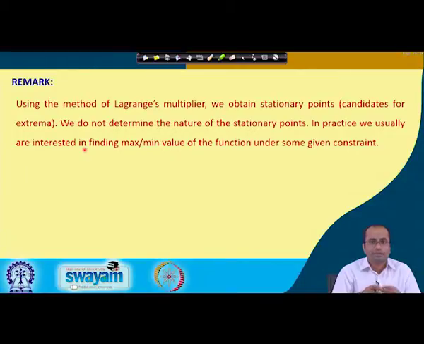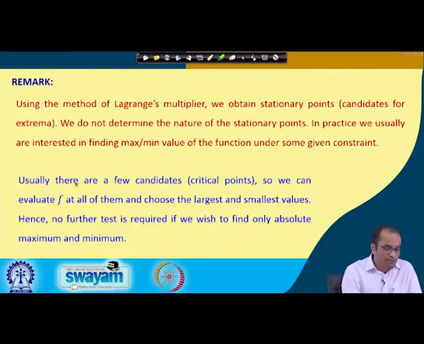We will find all these critical points and find the values of the function at all of them, and then we can identify which one is the point of global maximum, or which one is the point of global minimum. Usually there are only a few candidates as critical points.